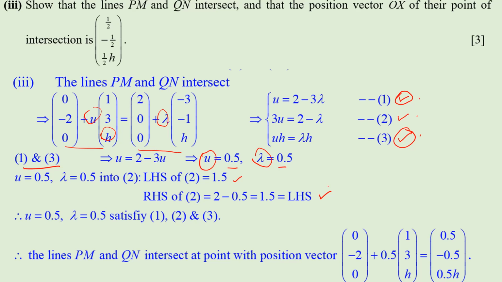They are consistent, and therefore you have shown that u equals 0.5 and lambda equals 0.5 satisfy equations 1, 2, and 3 concurrently, and therefore the two lines intersect. Thereafter, to find the intersection point, sub in either value. You can give me your intersection point in terms of h.